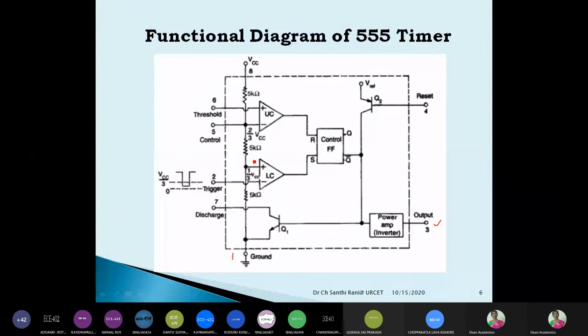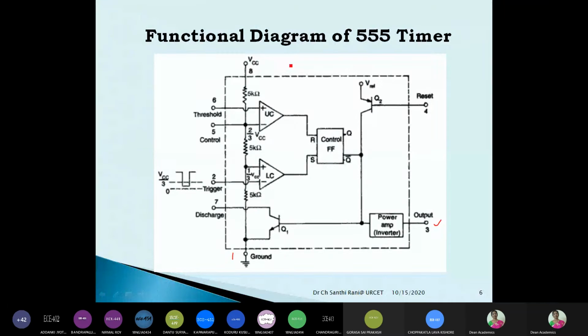When we observe this input side, these are some pins, and the output pin we have arranged on this side. Pin number 5 is control voltage, pin number 6 is threshold voltage, and then pin number 7. Where is pin number 7? This is pin number 7, the discharge pin, and then pin number 8 is VCC, the power supply pin.